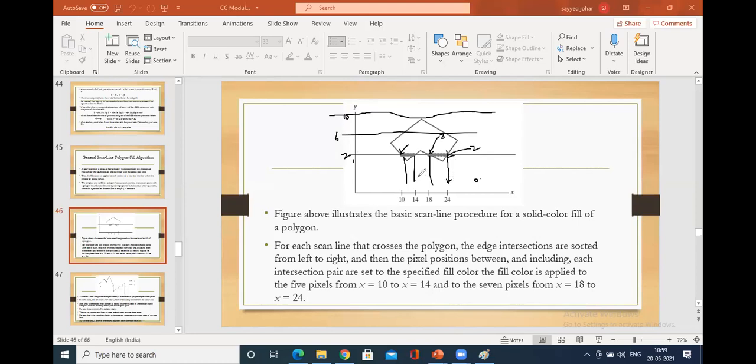The concept says to identify the intersection edges, that is from point (2, 10). All of you follow this concept with concentration. Fill from (2, 10) till (2, 14) with pixels. This is one area.